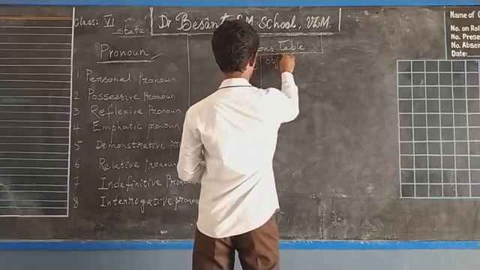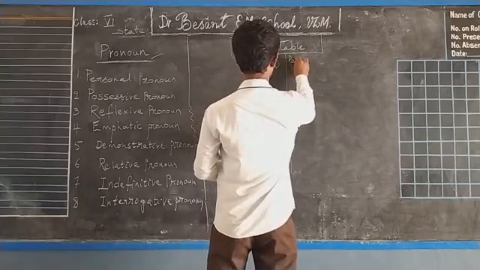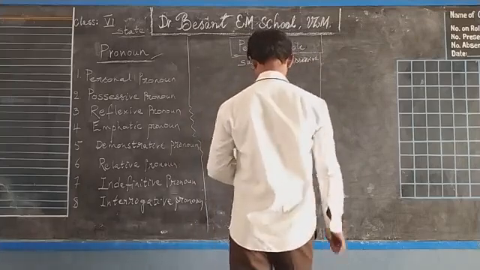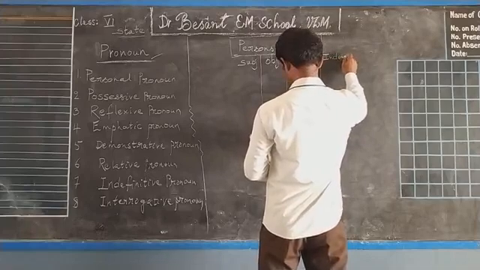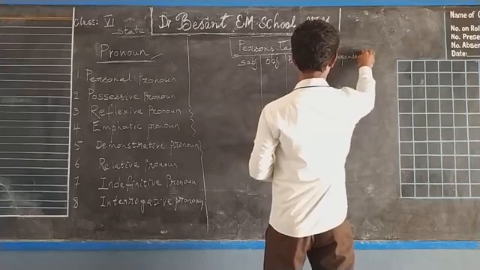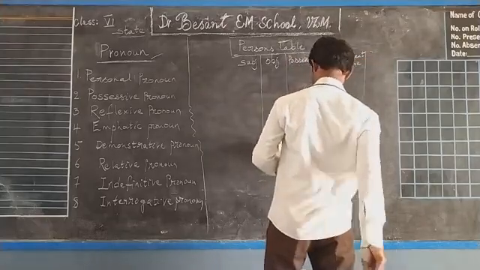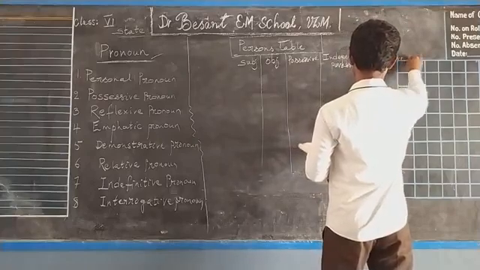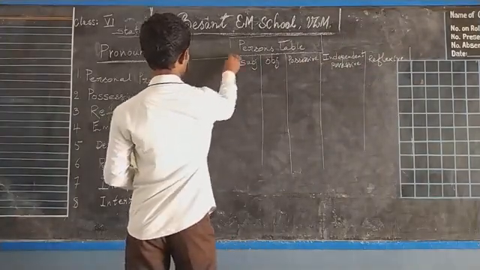Objective case. Possessive case. Independent possessive. Reflexive. Okay, this is the table.